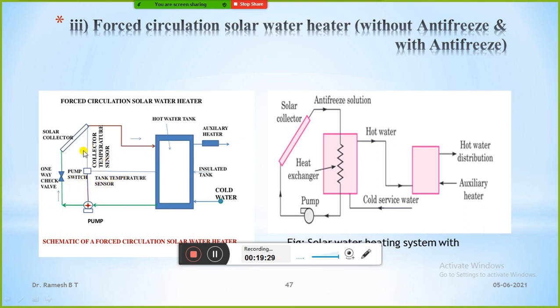These things are used to maintain the temperature within the tank, and we get continuous hot water for any other useful purpose. So these are the three important types of water heaters. One is natural, and the second is also natural, but the difference is the first one is non-pressurized, the second one is pressurized, and the third one is the forced circulation solar water heater.